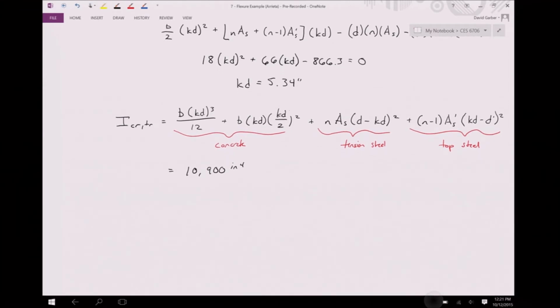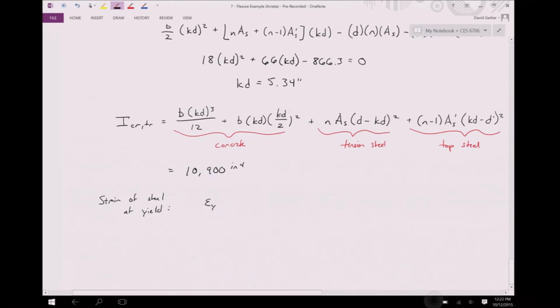Alright, so we know our cracking moment from before. We know our KD is going to be the same, and this is going to help us solve for our yield curvature and our yield moment. So we know the strain of the steel at yield.